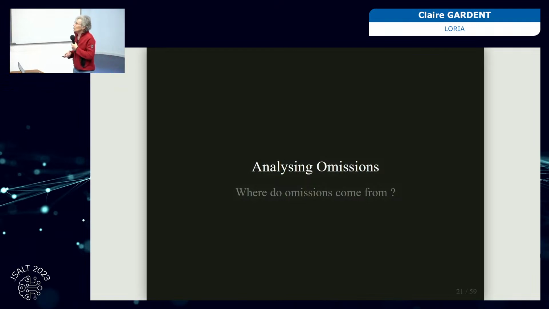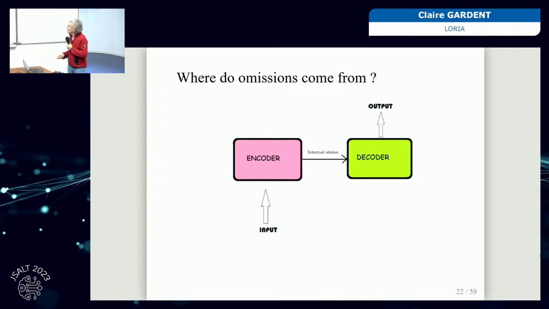We found there are omissions, and then the next thing we did is, could we find out where these omissions come from in the model? So in conditional generation, mostly we use what are called encoder-decoder models, where you have two networks. The first network is the encoder, which is going to create a representation of the input.